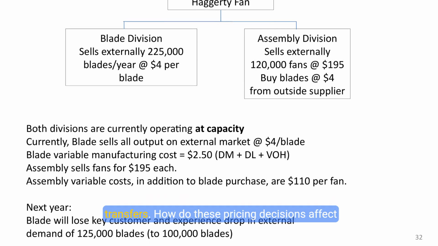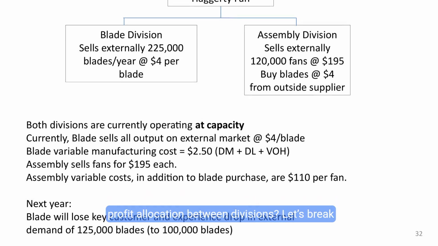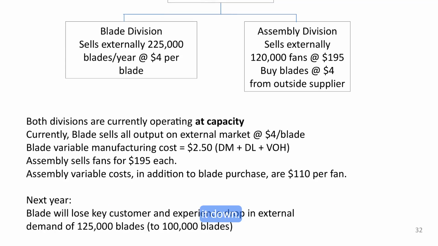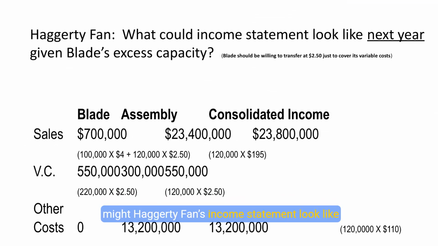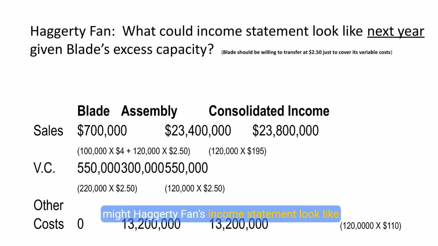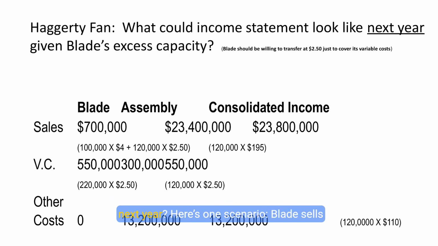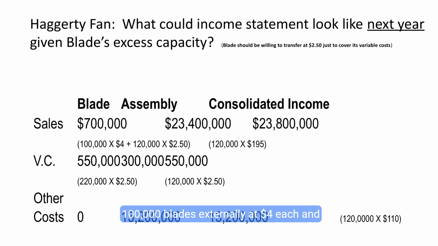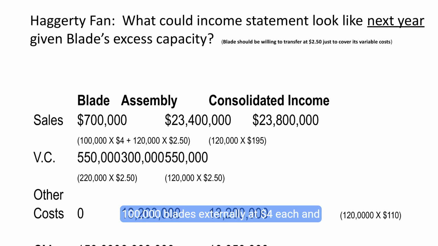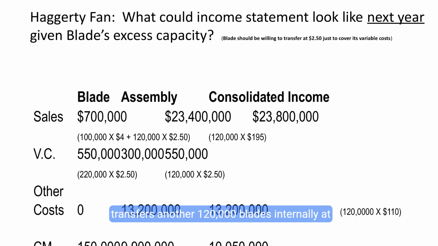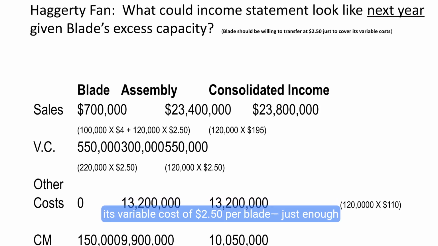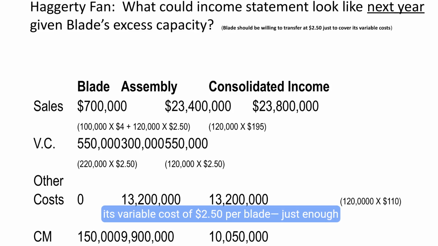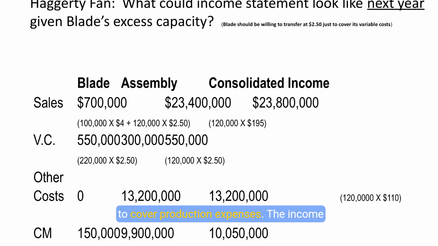How do these pricing decisions affect profit allocation between divisions? Let's break it down. Given Blade Division's new excess capacity, what might Hagerty Fan's income statement look like next year? Here's one scenario. Blade sells 100,000 blades externally at $4 each and transfers another 120,000 blades internally at its variable cost of $2.50 per blade, just enough to cover production expenses.